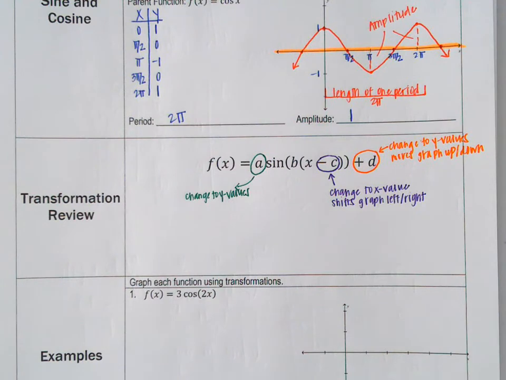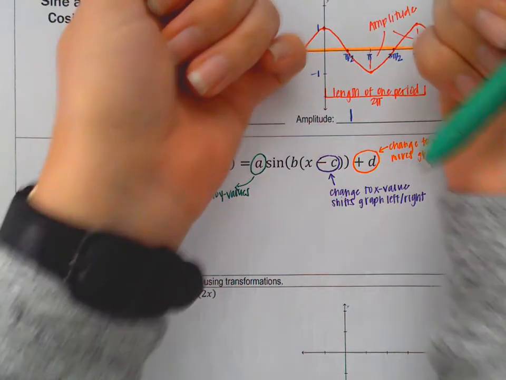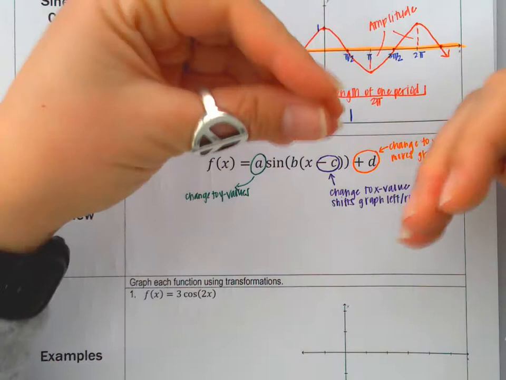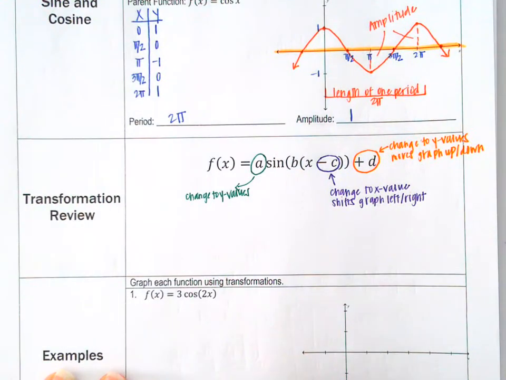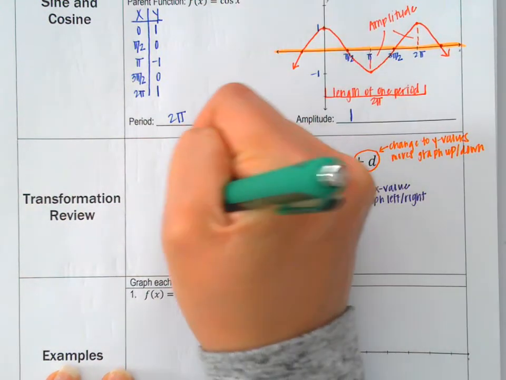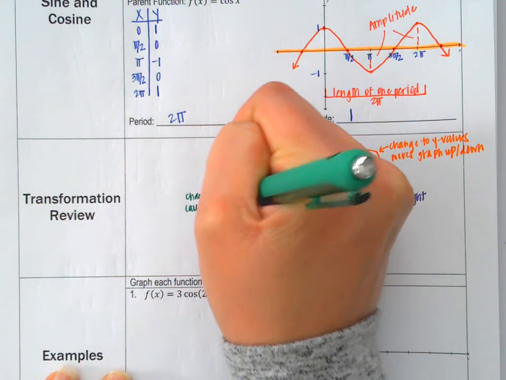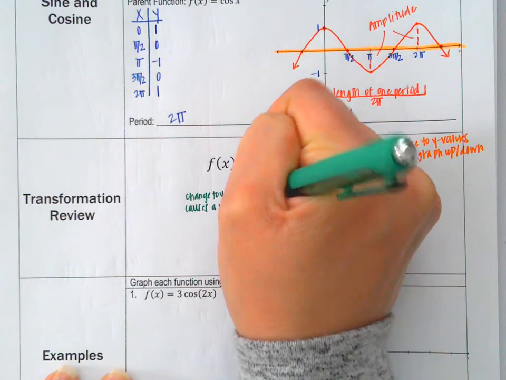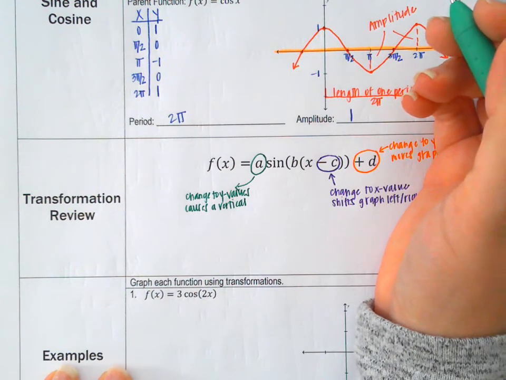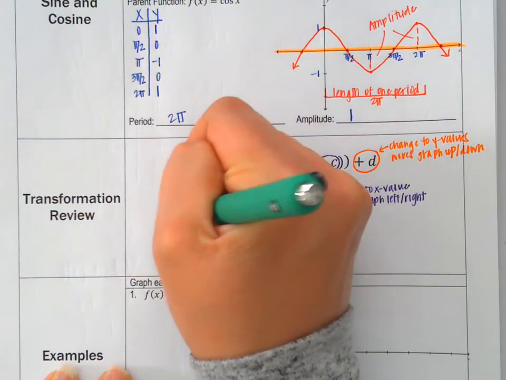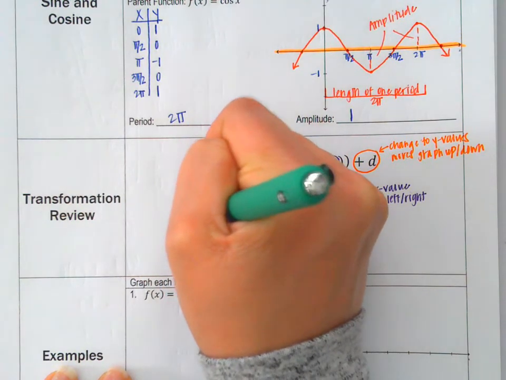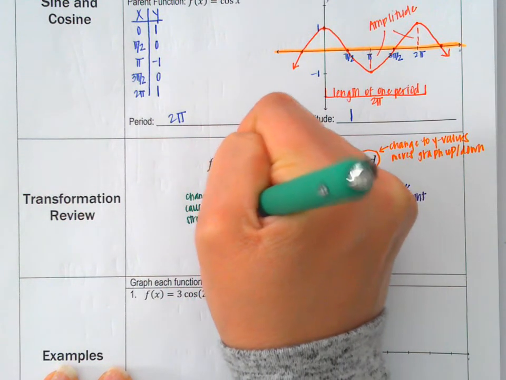A is stretching up the graph or compressing it. So it causes a vertical stretch or compression.